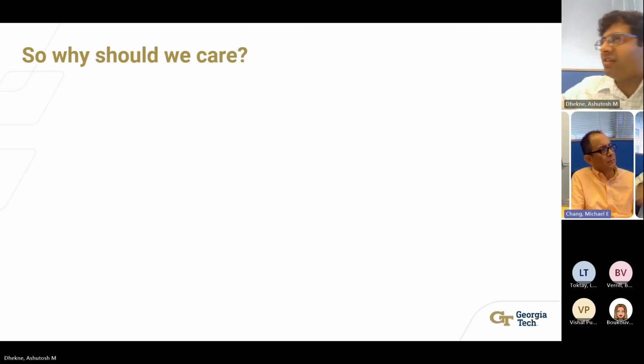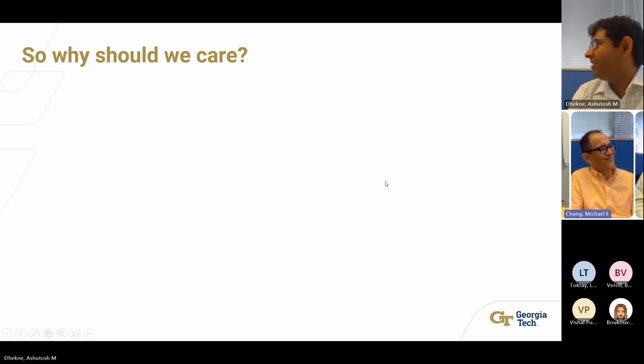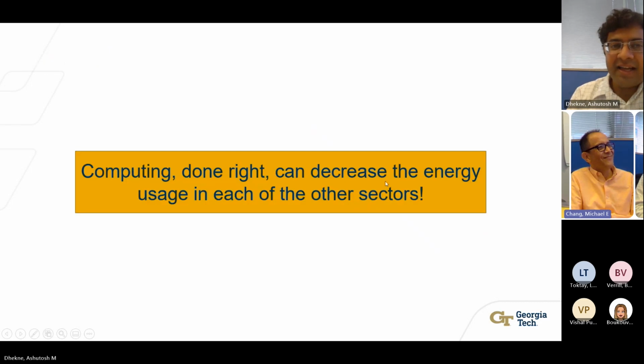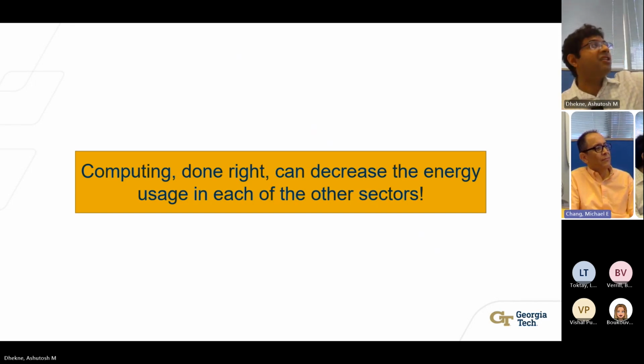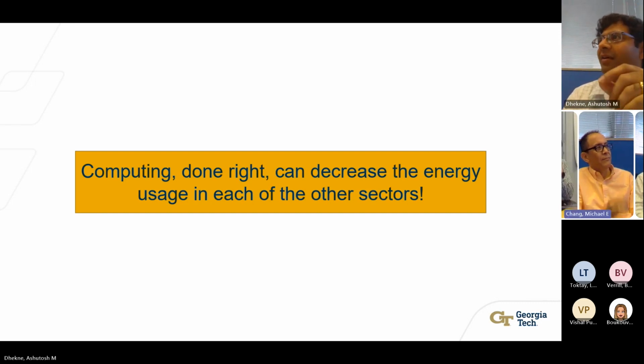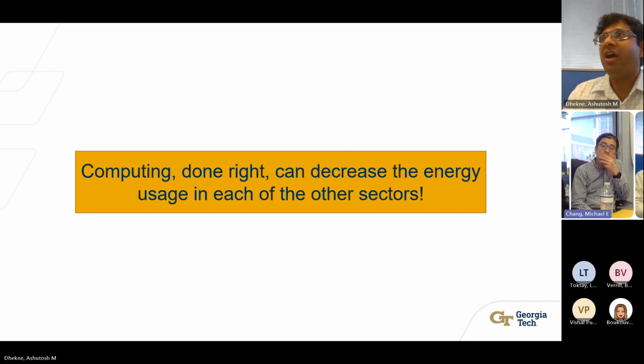Essentially, this lecture is completely meaningless because no matter what we do, we can't benefit anything. But here's the reason why we should all care. Computing done right can decrease the energy usage in every other sector that you saw. So there is an interesting opportunity. While computing itself does not even appear in the chart, it can influence that chart quite a bit.